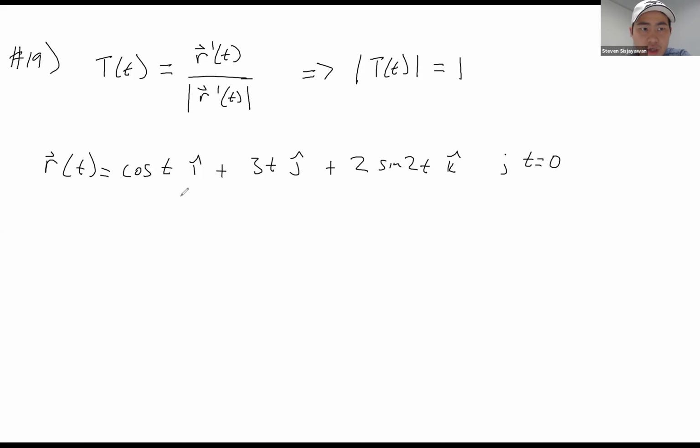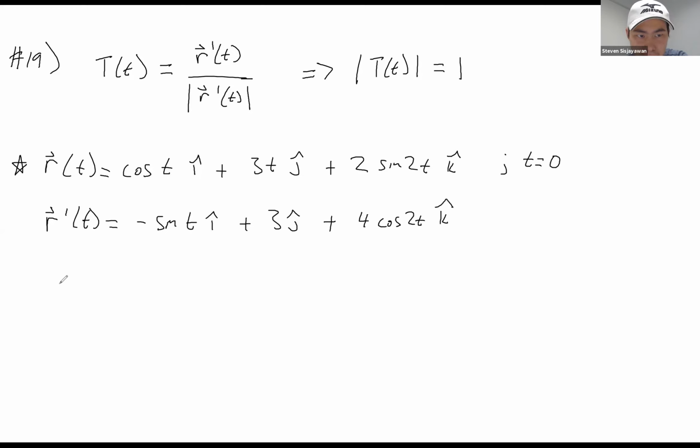This is given in the question. I'm going to start off by finding r prime of t. In this case, r prime of t is going to be negative sine t i hat plus 3 j hat plus 4 cosine of 2t k hat.